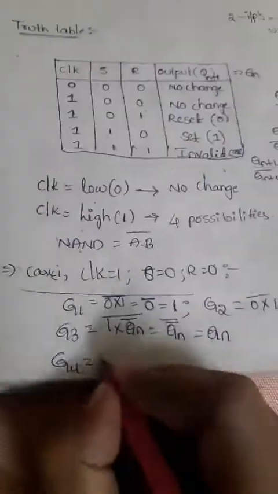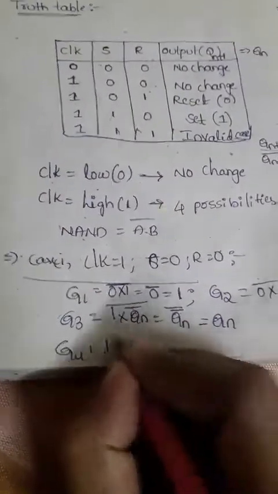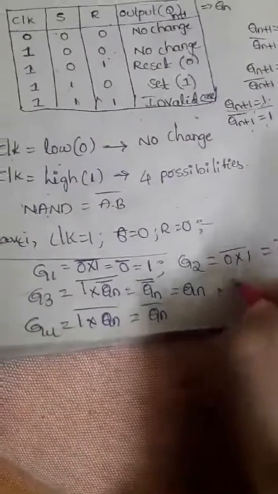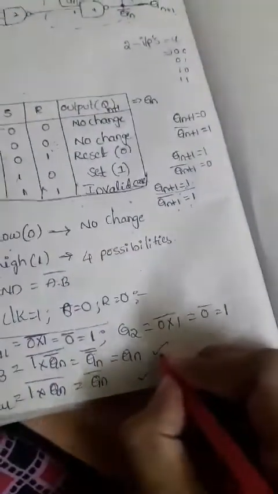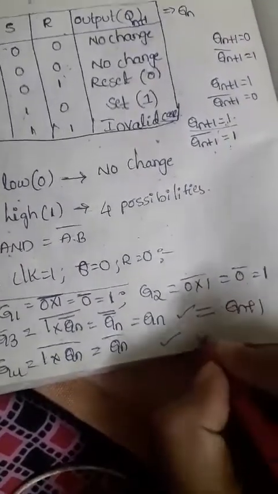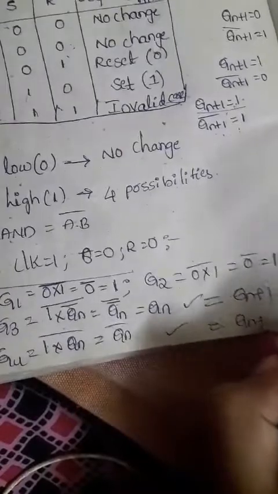Now find the G4 output: (1 into Qn) whole complement. So we get Qn complement. See here, G3 result and G4 result we now have. The G3 result is equal to Qn plus 1, and this result is equal to Qn plus 1 complement.